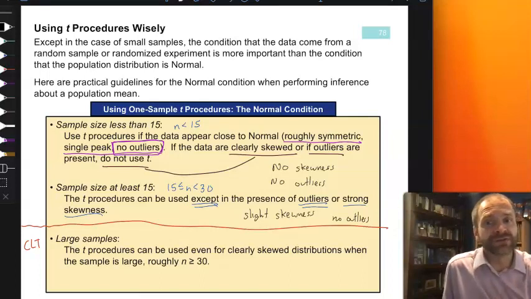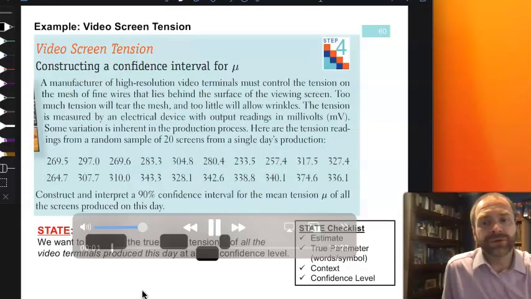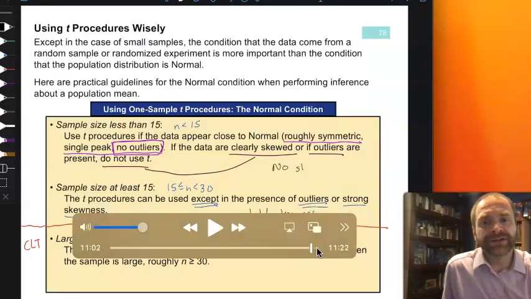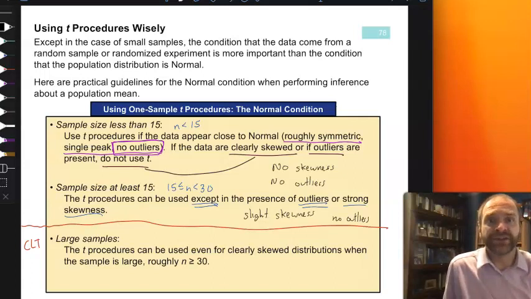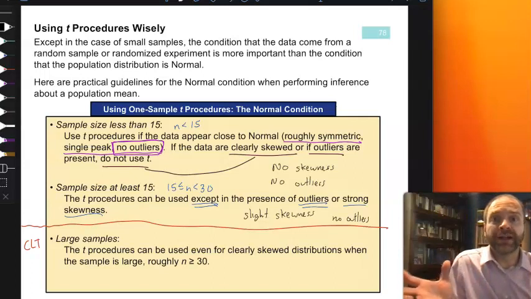Then you look at skewness, which is why I like to look at the box plot. This is really kind of going through the calculator idea of why do I look at the box plot first? Well, that's going to tell me if I have any outliers. So if I have any outliers, I can't continue. That's why I like the box plot. And so, okay, what if it doesn't show me any outliers?